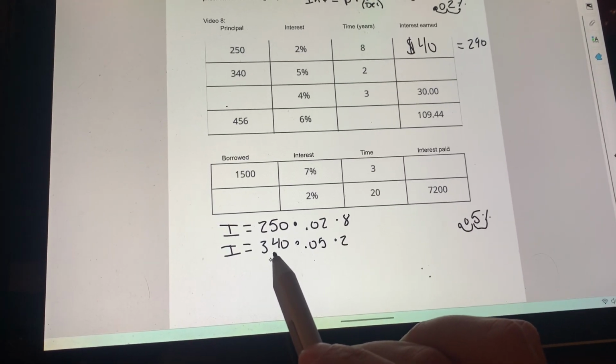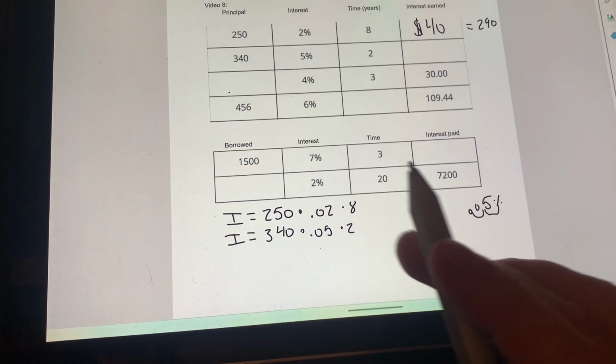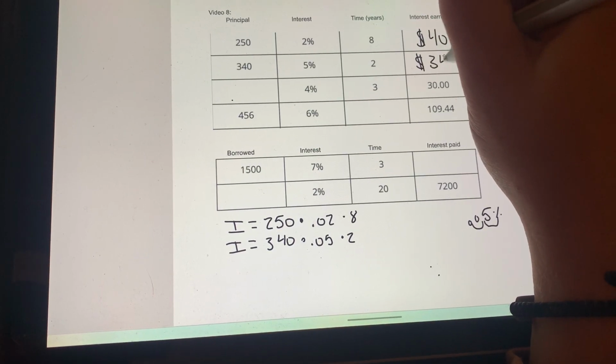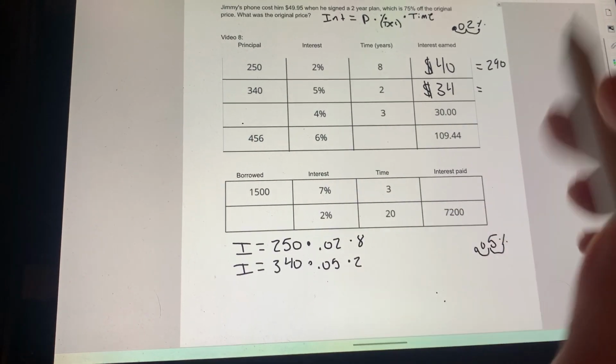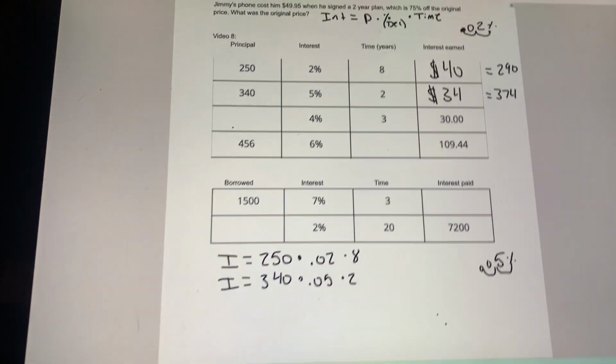Again, put in a calculator, 340 times 0.05 times 2. That is going to get you $34. So $340 plus $34 means now I have $374 in my bank account.